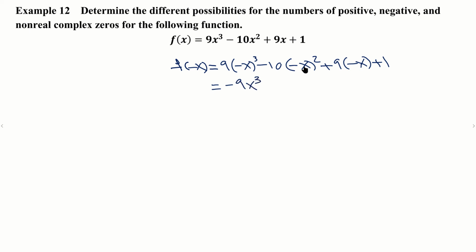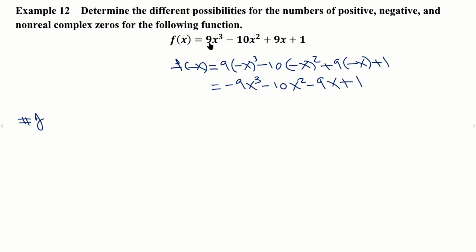This is going to become positive x squared, so just minus 10x squared minus 9x plus 1, right? Okay, so now let's look at the number of variations of sign in the coefficients of the original function, right?